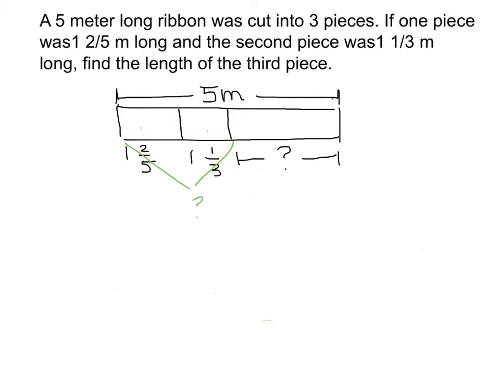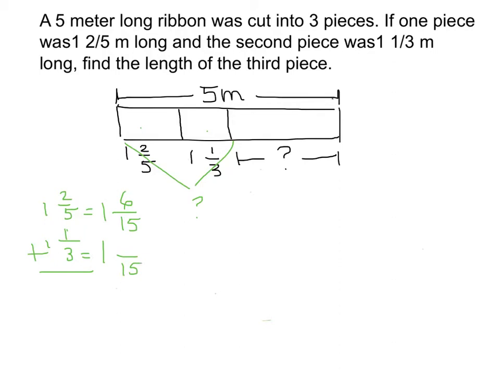So I'm going to take my 1 2/5 and the 1 1/3 and add those together to find out what that part is. So I'll get a common denominator of 15. 3 times 5 is 15. 3 times 2 is 6. And 1.